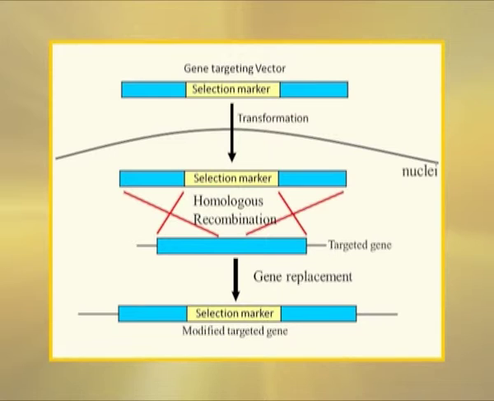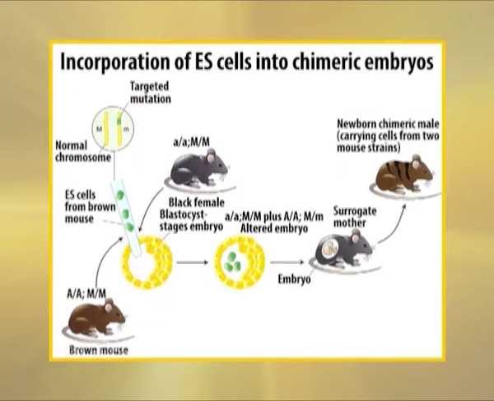Out of this enriched set of cell lines, the desired homologous recombination event is identified by molecular analysis of genomic DNA. Targeted embryonic stem cell lines which have a normal number of chromosomes are identified and selected to make chimeras.